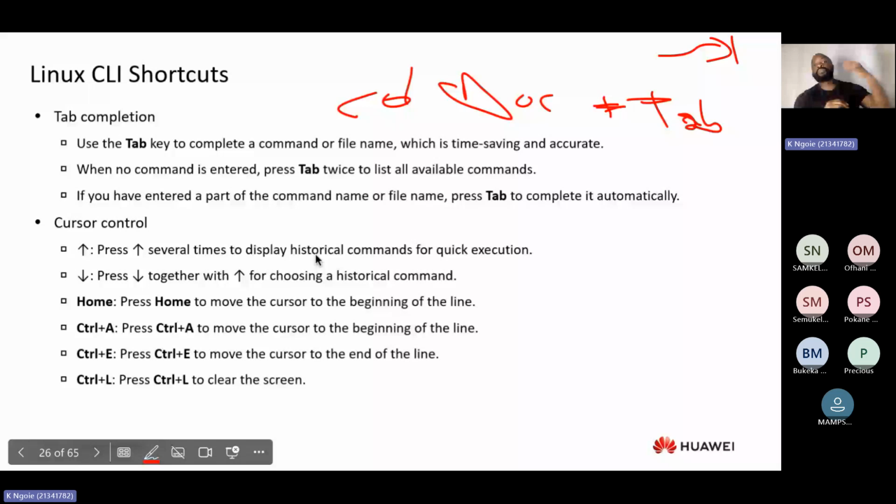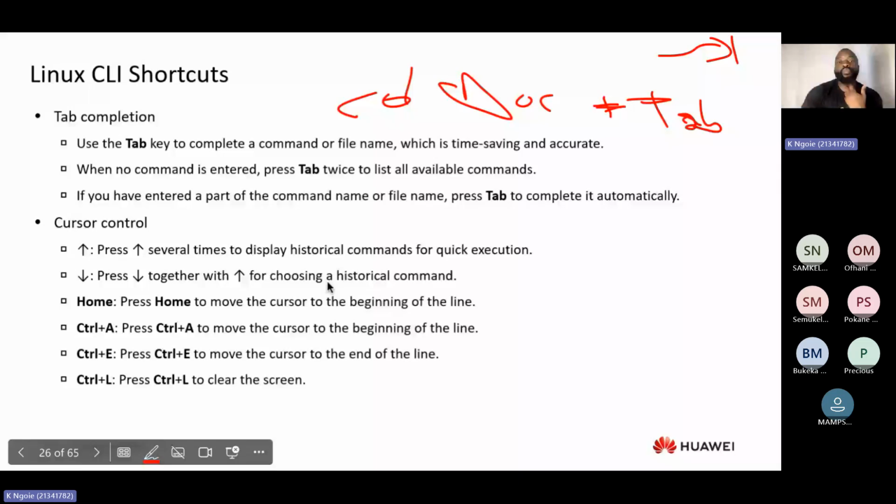Let's say you keep using a certain command, but you don't want to retype it every time, you just press the up arrow many times, and it's going to show you all the previous commands in your history. And if you use the down arrow together with the up arrow, this will also help you choose a historical command. If you press just the down arrow, that will scroll forward through command history as well.